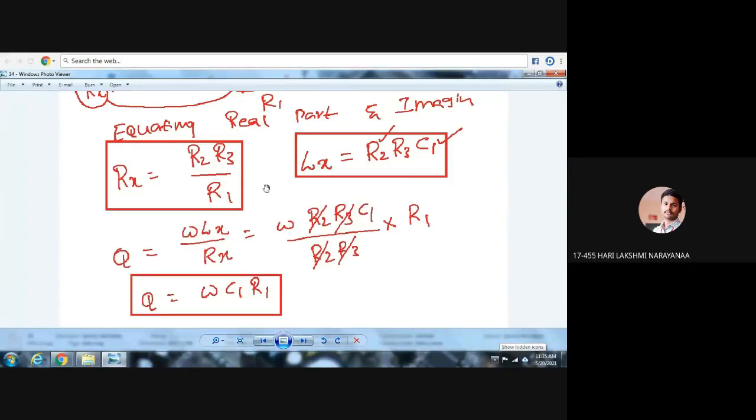R2 R3 by R1. Then what about Maxwell's Lx? Yes, Lx equal to R2 R3 C1.